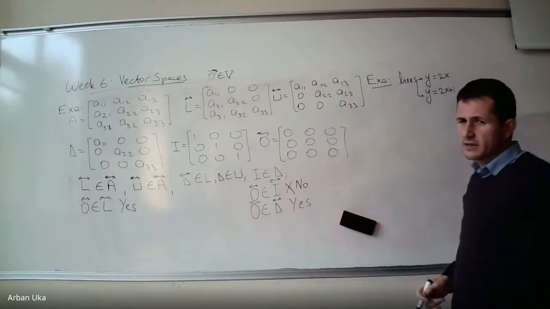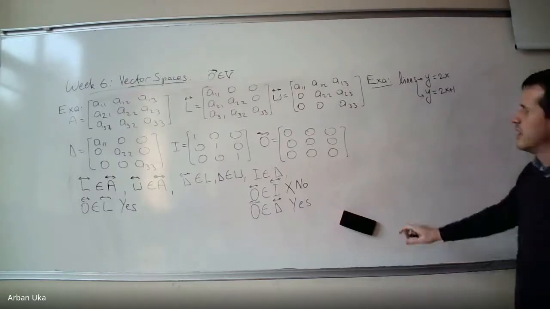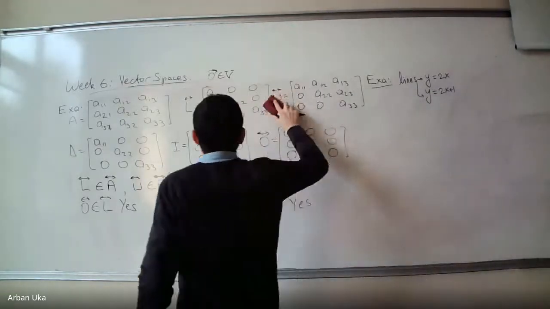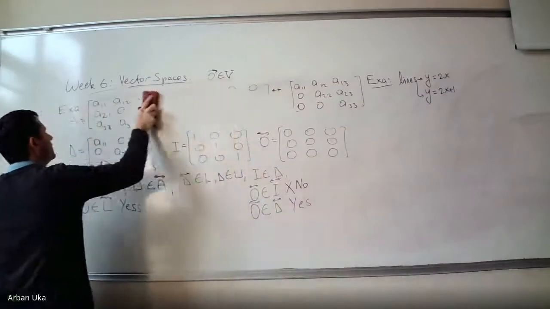So if we have two lines which are described by these equations, are these subsets of R squared? What can you say?